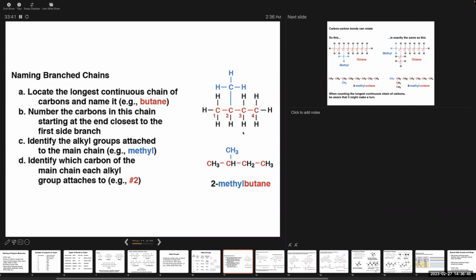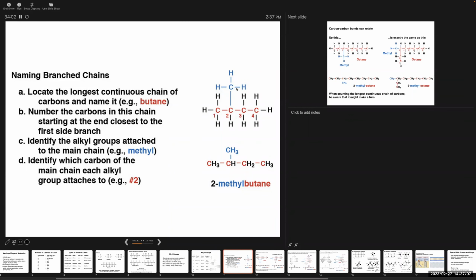So I know that the basic molecule itself is called butane, because but is the prefix for a chain of carbons with 4 carbons in it. So I identify it as butane. I number the carbons starting closest to that first branching point.